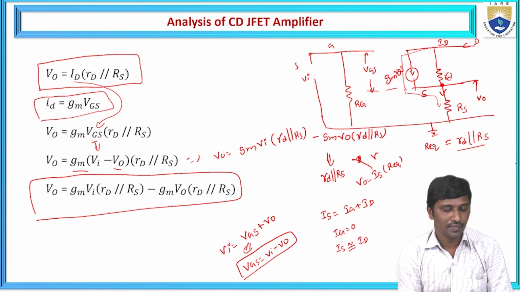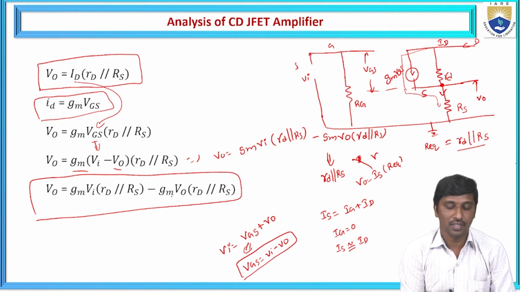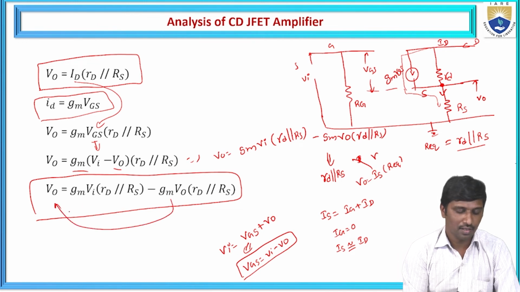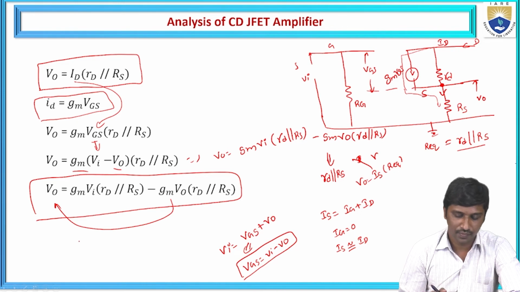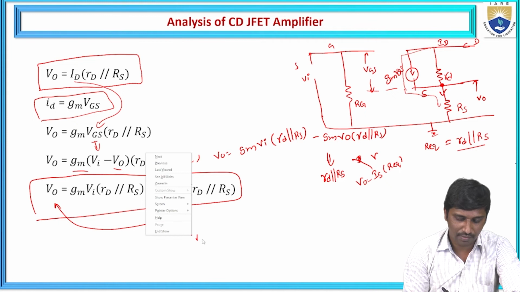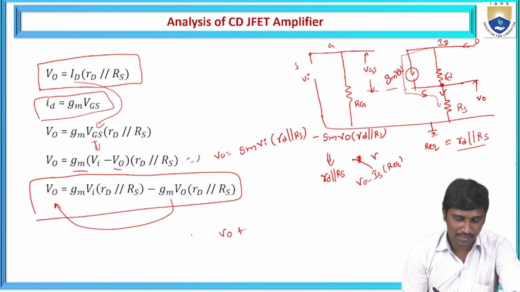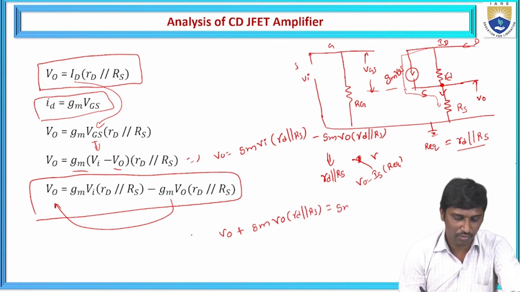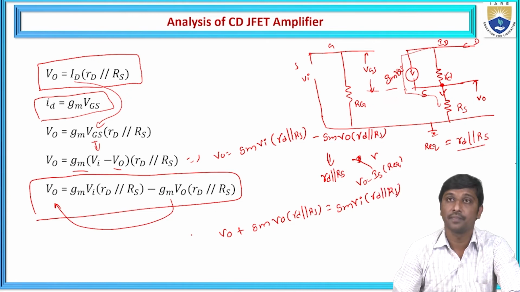From this, the two V0 terms are there. You can take them outside. So it becomes V0 plus Gm times V0 into RD parallel with RS, that is equal to Gm into Vi, RD parallel with RS.